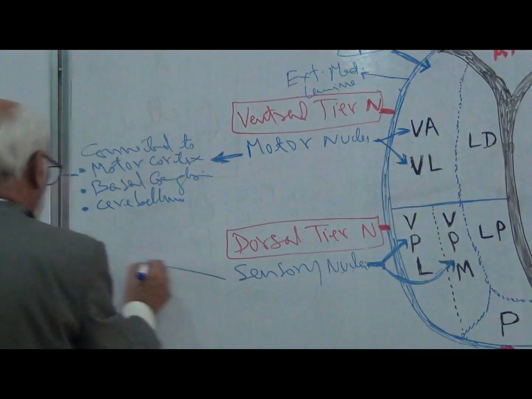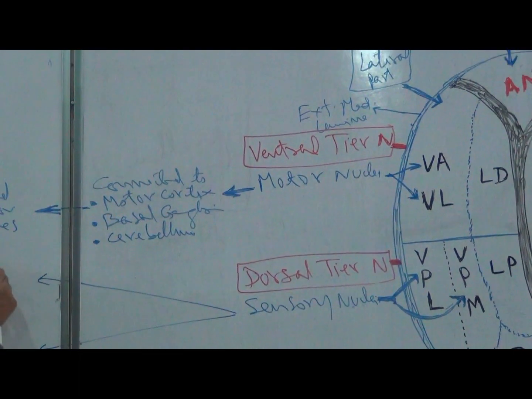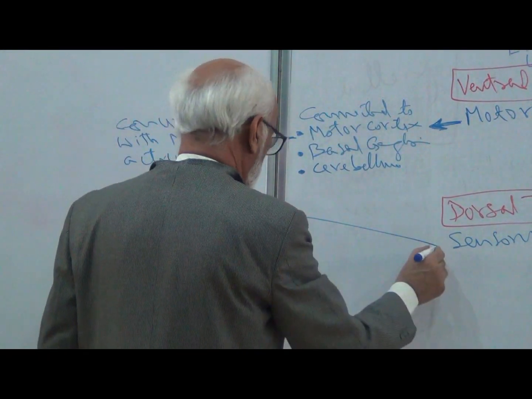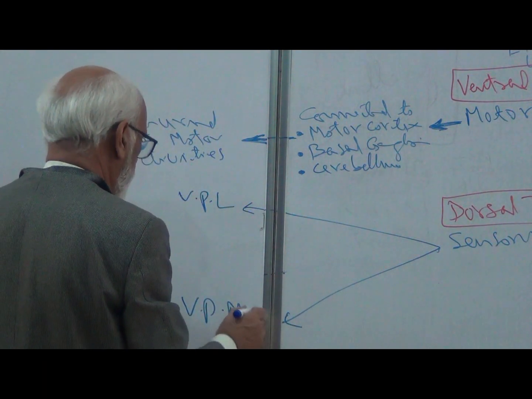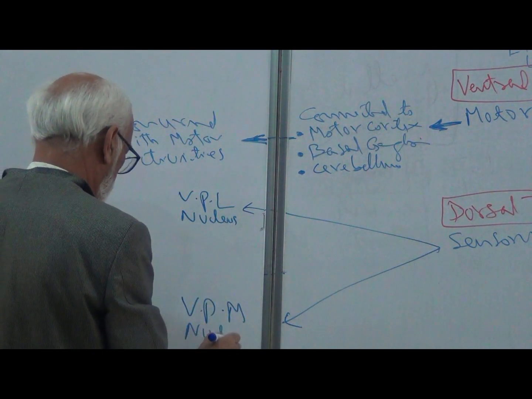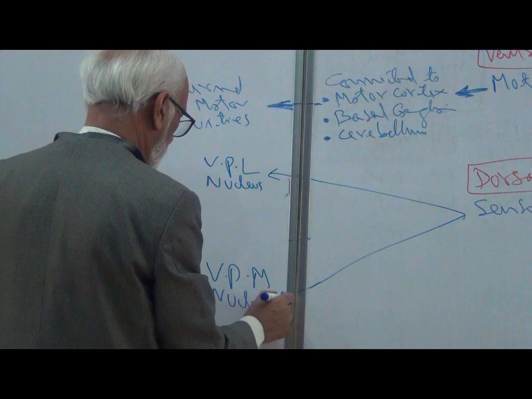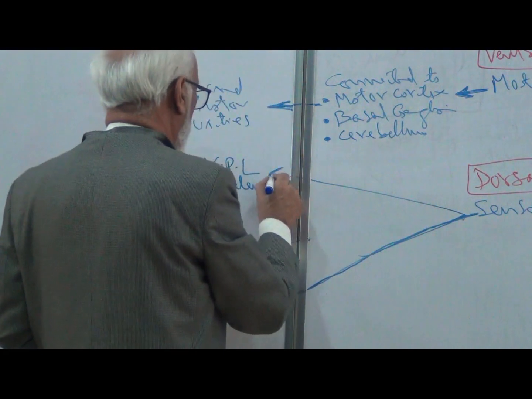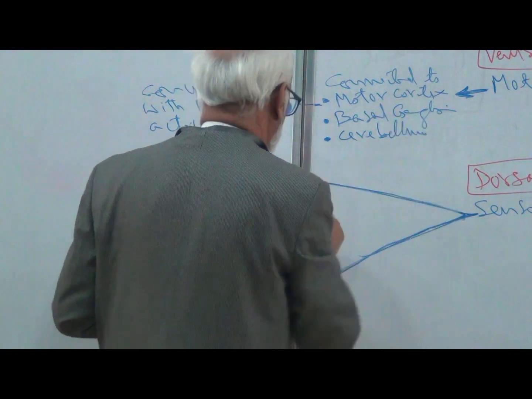Now the ventral posterior lateral nucleus and the ventral posterior medial nucleus are sensory nuclei.